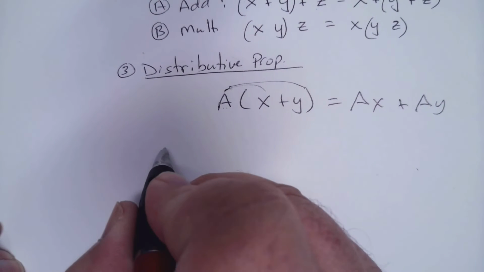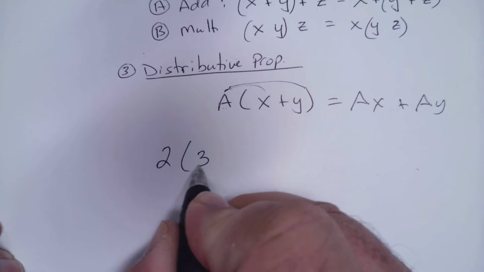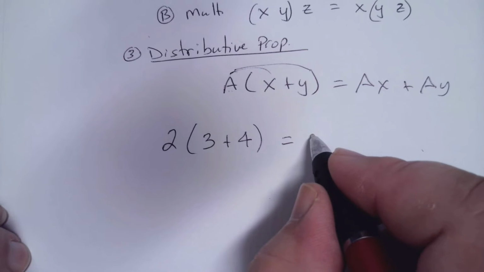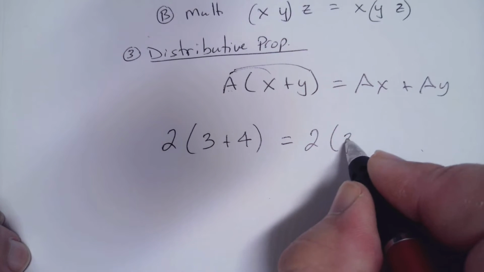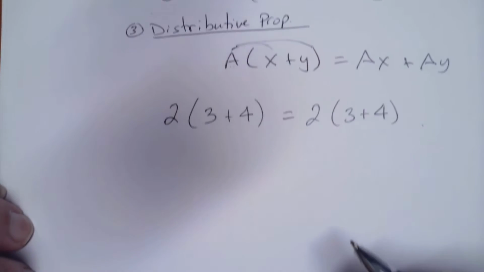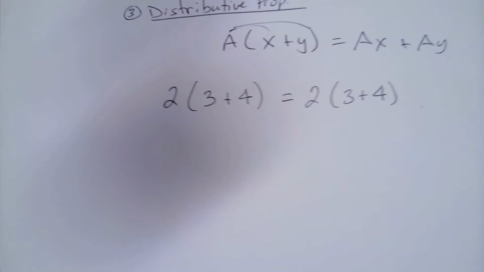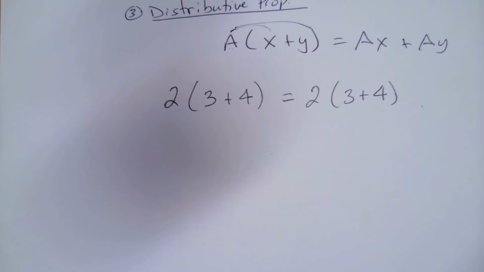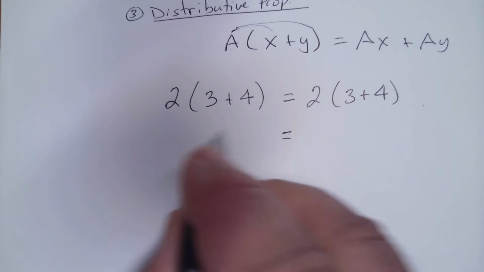So let's look at an example. There are two ways we can do this problem. One, we could do the order of operations. What does the order of operations tell us to do? Let's do this side.